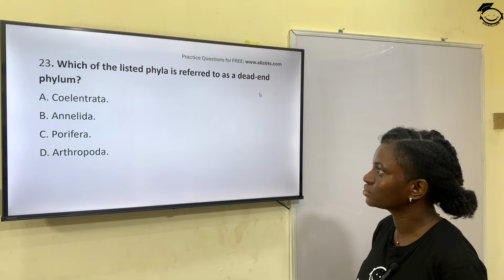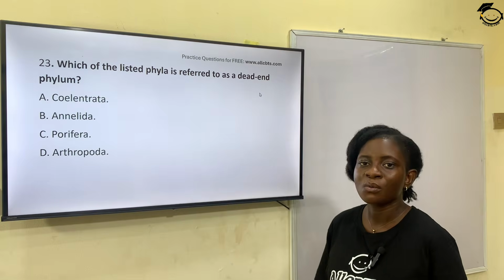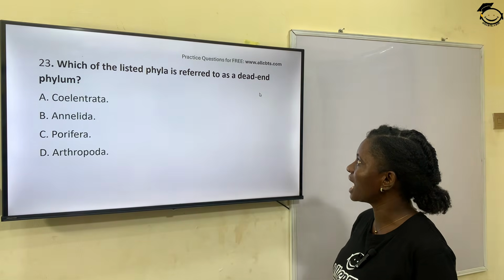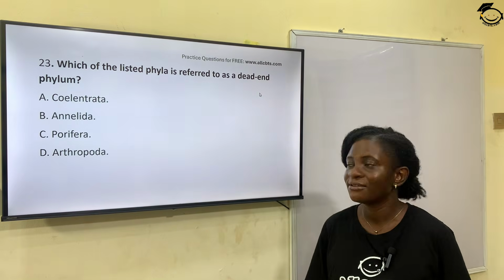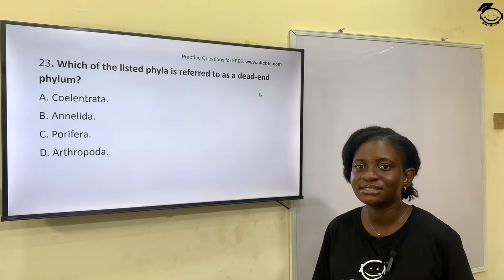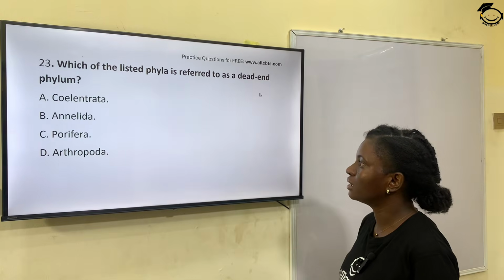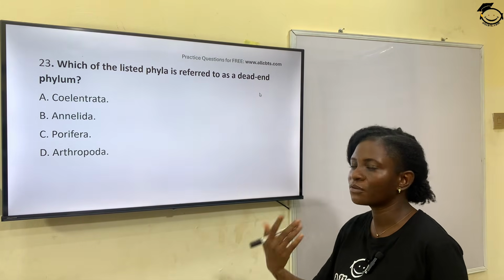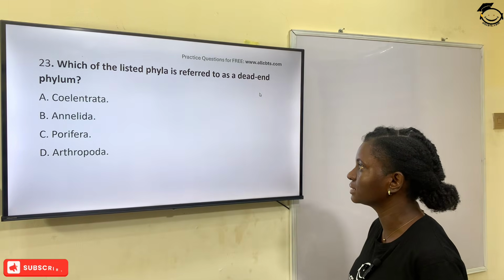Question 23. Which of the listed phyla is referred to as a dead-end phylum? When we say dead-end phylum, they are organisms that are ancient. They don't evolve into complex organisms.